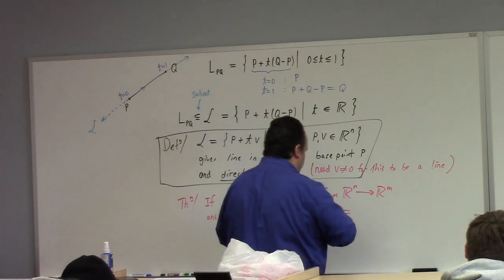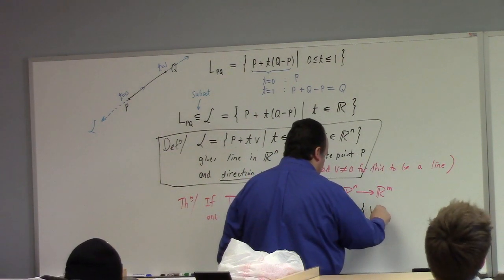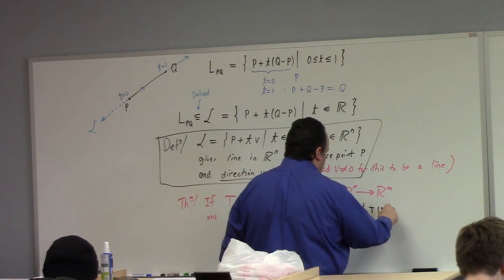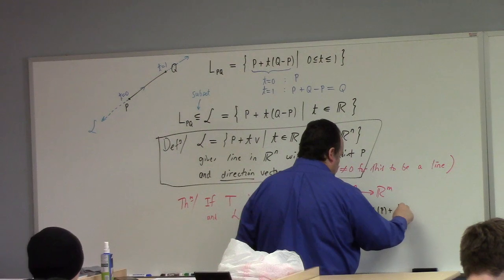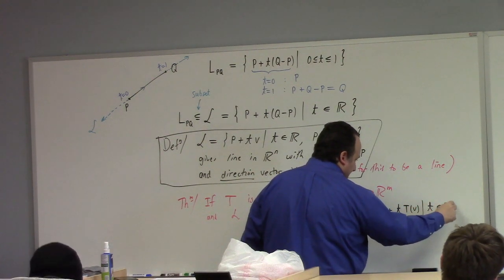Assuming it has the same form above, you can easily see that you'd get T of P plus little t times big T of V, such that t is a real number, right?